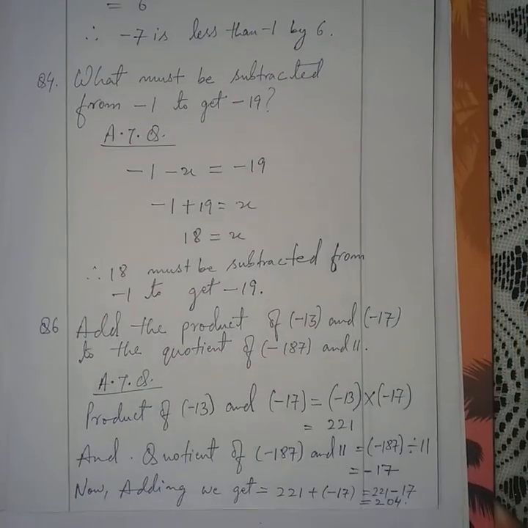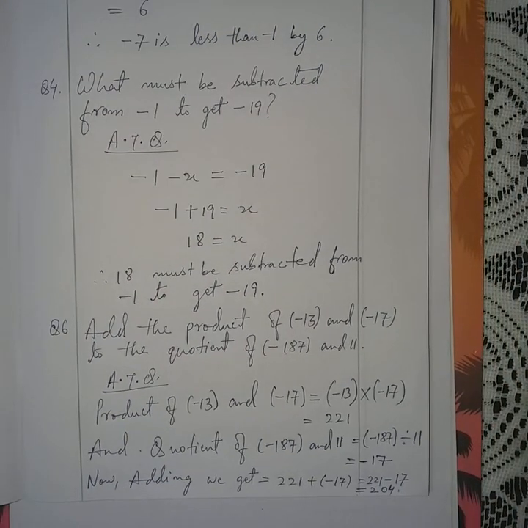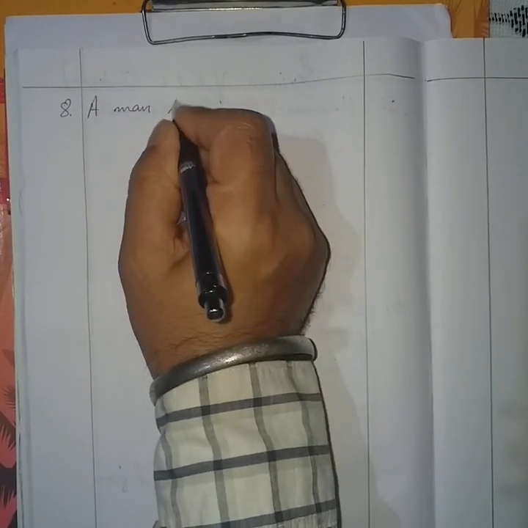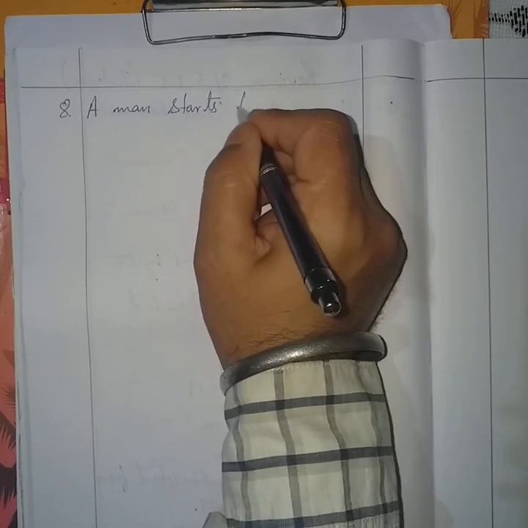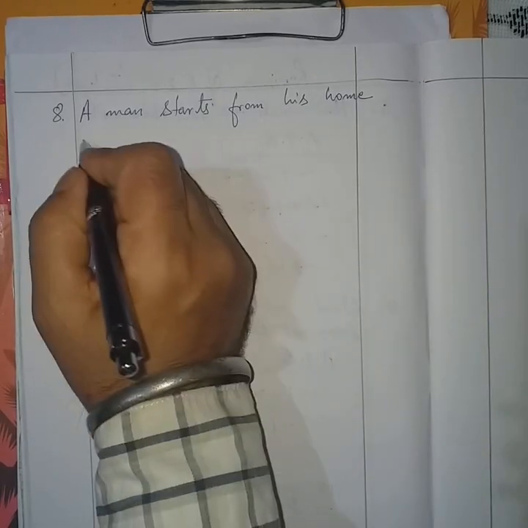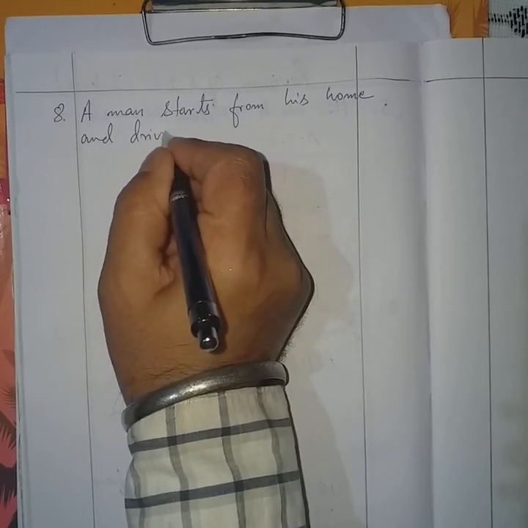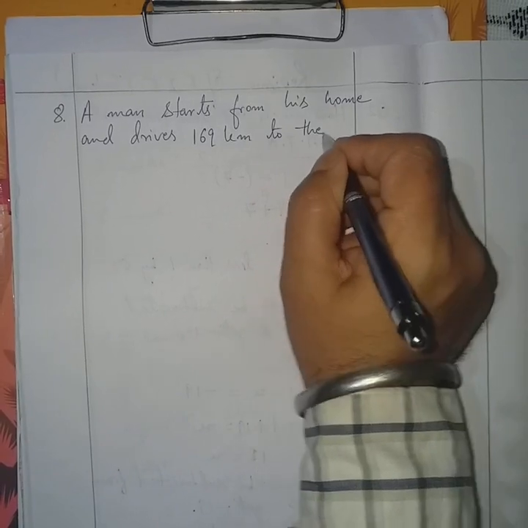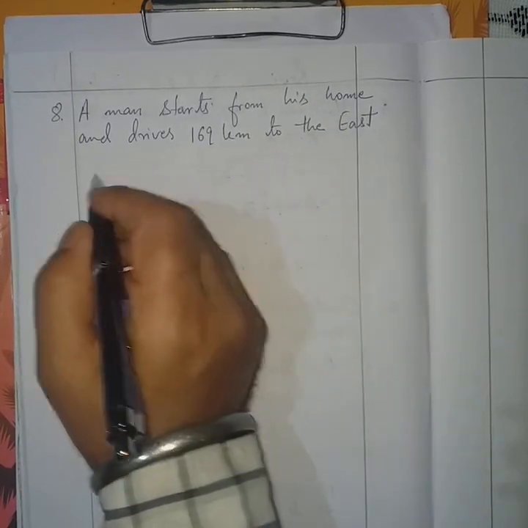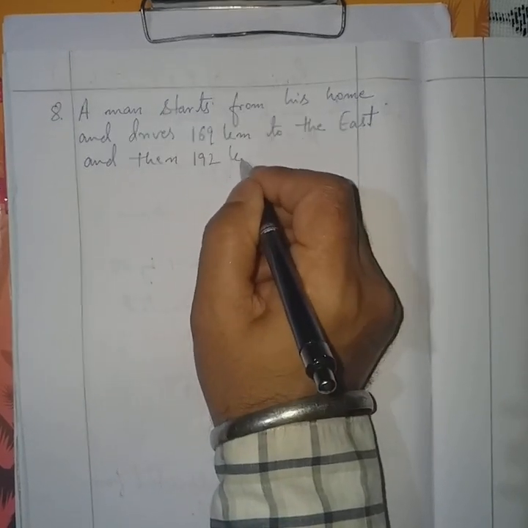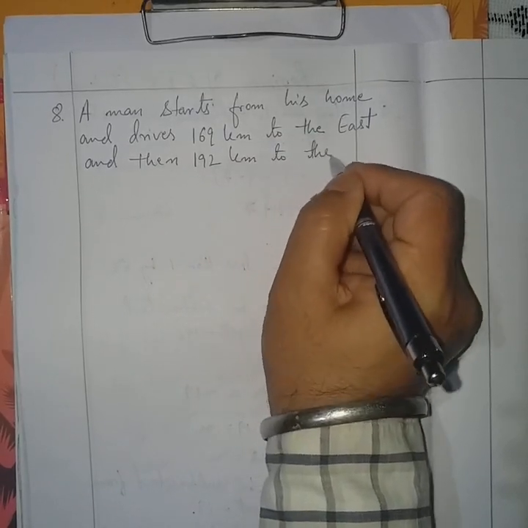Okay, now question number 8. A man starts from his home and drives 169 kilometer to the east, and then 192 kilometer to the west.